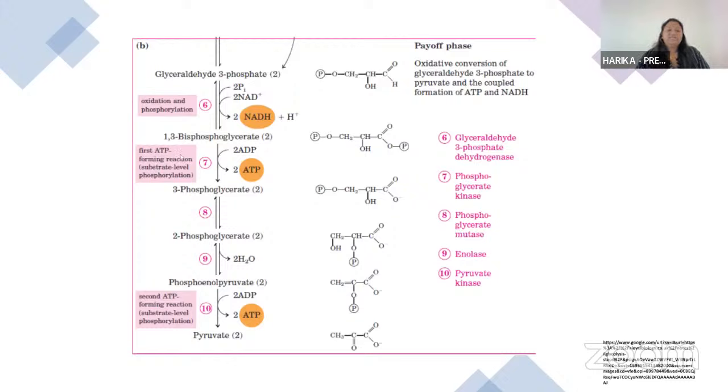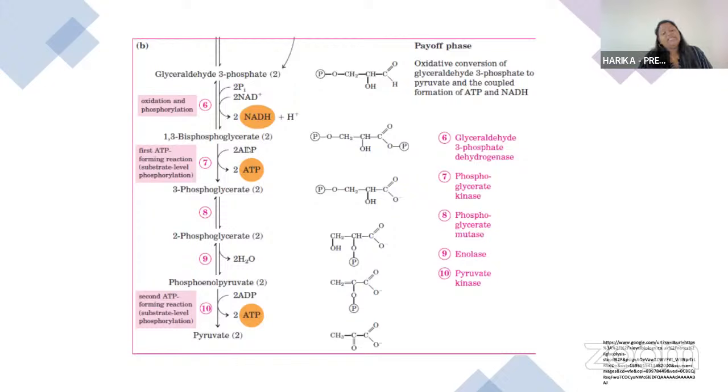The first ATP is formed here from ADP, and this is also called substrate level phosphorylation. You have seen in the preparatory phase, ATP is converting into ADP.